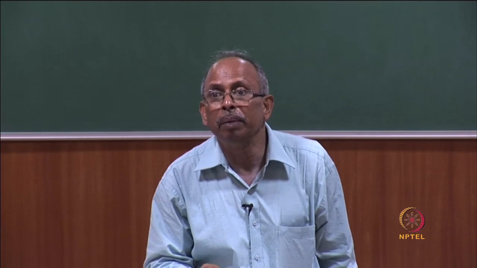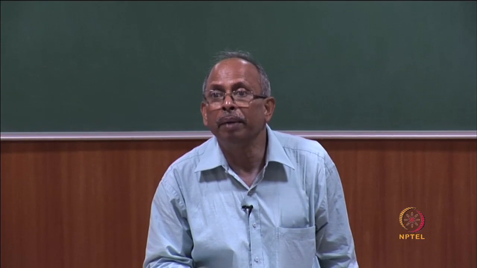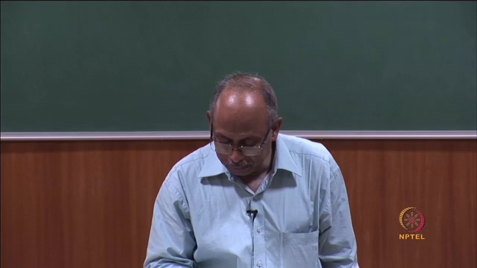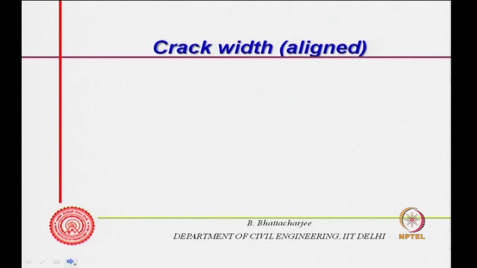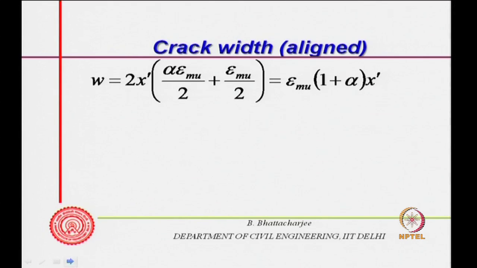Now, the average strain in the matrix is half epsilon mu by 2; originally it was epsilon mu. This multiplied by the length 2 x dash over which it has occurred would give me, if I bring in 2, 1 plus alpha epsilon mu. This is simple algebra, this 2 will cancel out.